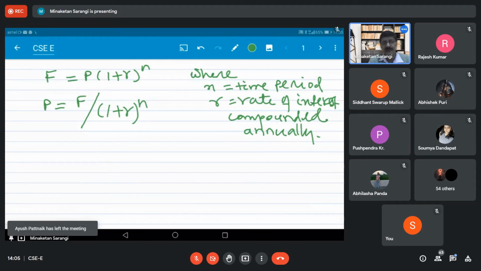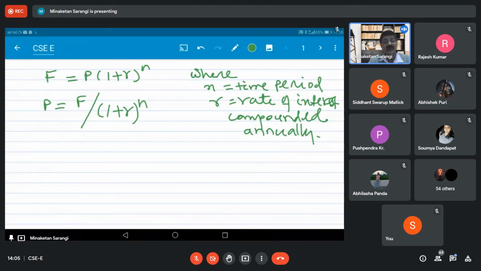We already discussed, given the present value, that means if you deposit a certain amount of money today with the given rate of interest and time period, how much will you receive after a certain period of time. Considering the future value of money, if one has to get a certain amount of money after some period of time, how much should he save right now?